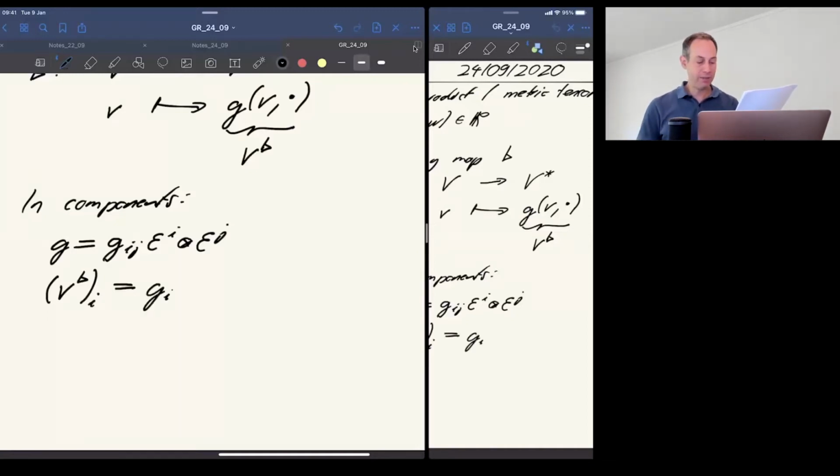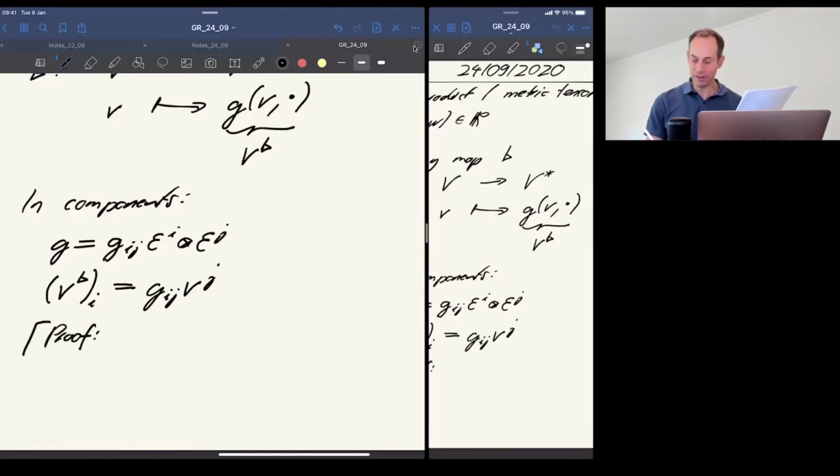And what I claim is that these components are just given by multiplying this G_ij, so the components of the metric, with the components of the original vector. So that's so far just a claim, but it's very easy to verify. So let me just put a small proof.